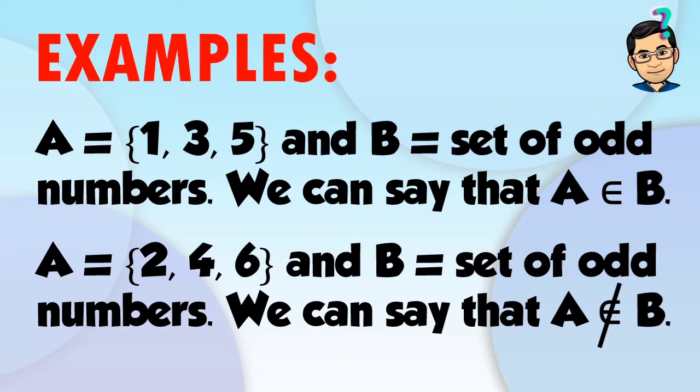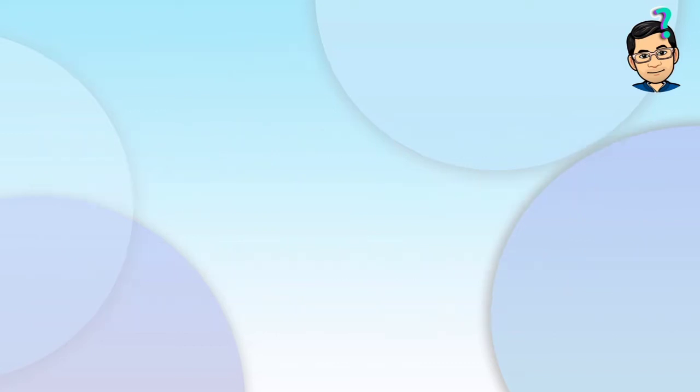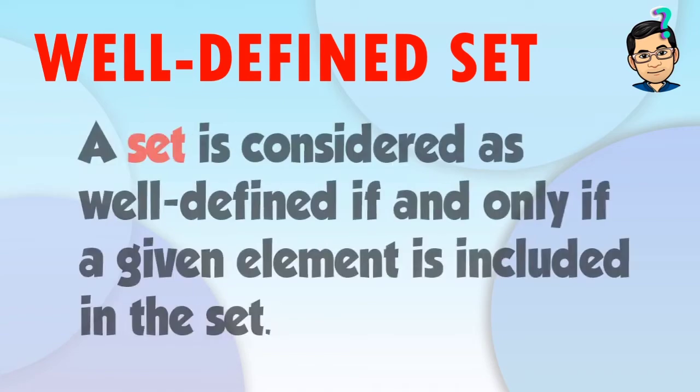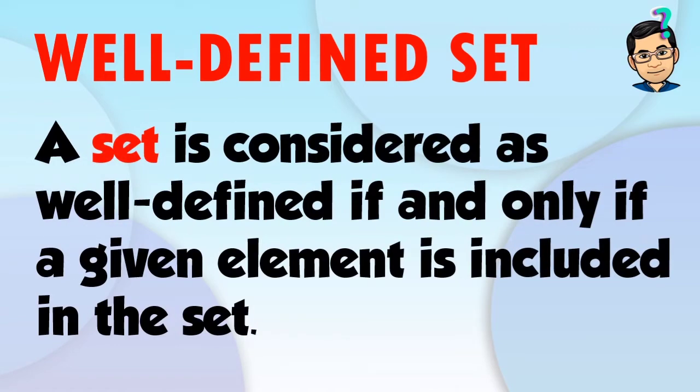Kung nagbigay tayo ng, halimbawa, kalabasa, squash. Okay? So, yung squash po, hindi siya classified as fruits. So, hindi siya element ng fruits. Element siya ng vegetables. So, when can we say that a given set is well-defined? A set is considered as well-defined if and only if a given element is included in the set. So, included, ibig sabihin, kasama dapat siya sa set.